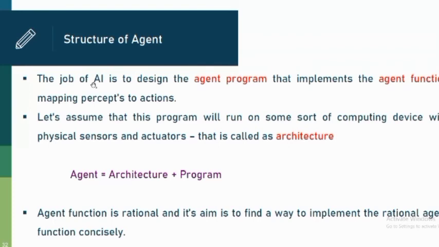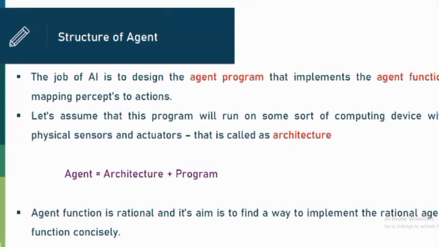So the job of an artificial intelligence agent is to design the agent program that implements the agent function. The agent will have some set of sensors and actuators. Every agent will have some set of sensors and actuators. That set of sensors and actuators, or the structure of an agent, is called the architecture.